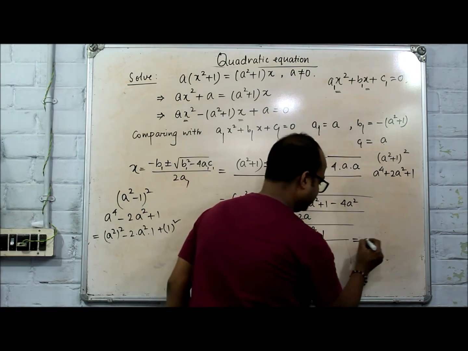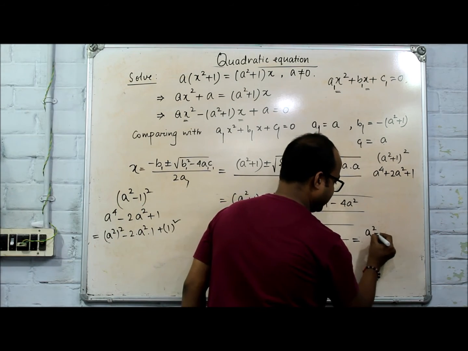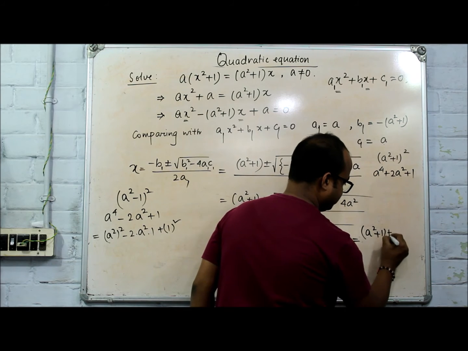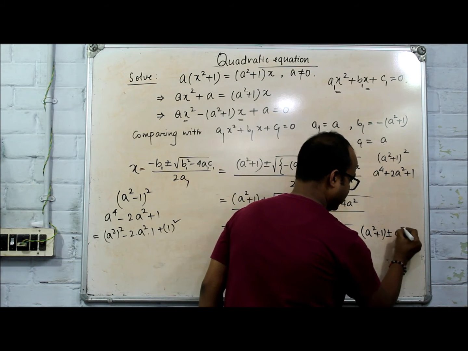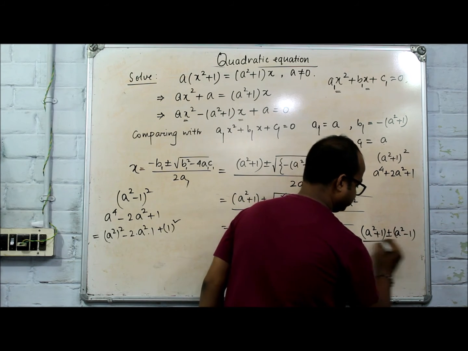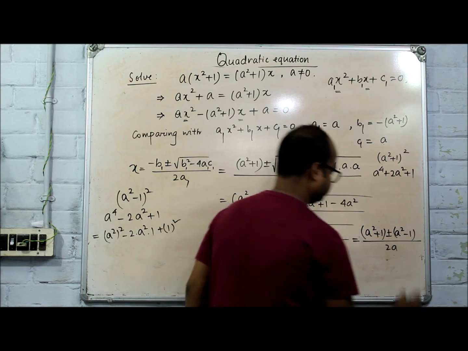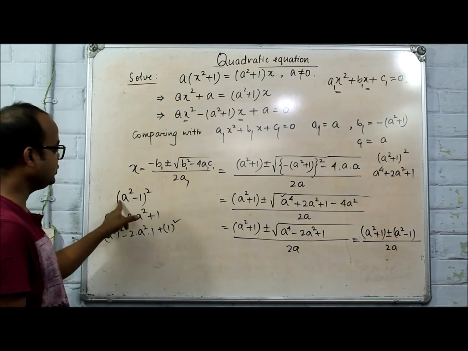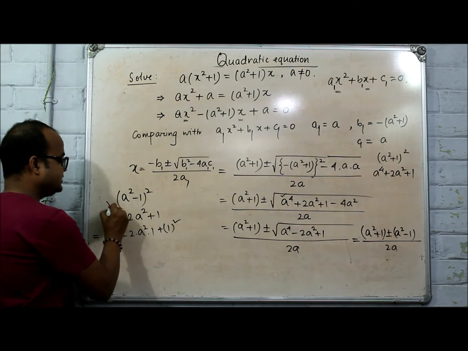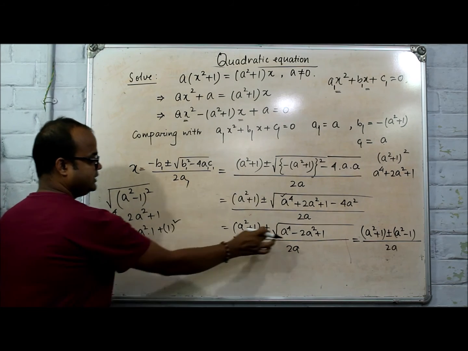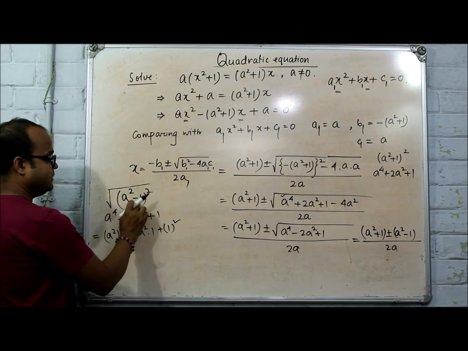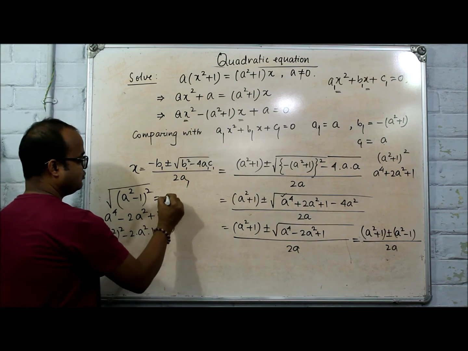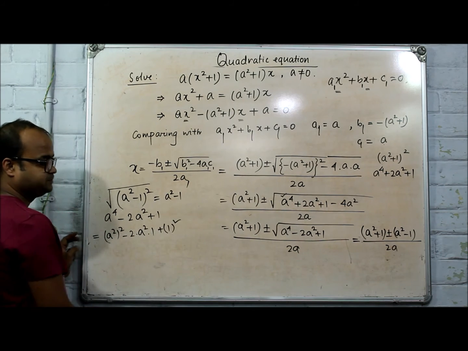So this is equal to a square plus 1 plus minus a square minus 1 by 2a, because if we take the square root of this, in place of this we can write a square minus 1 whole square, and this is equal to a square minus 1.